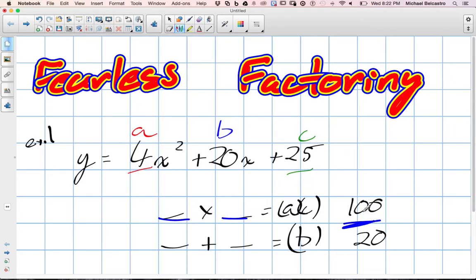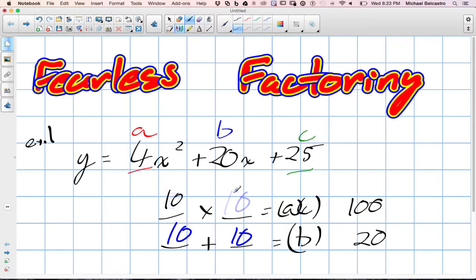We need two numbers that multiply to 100 and add to 20. 2 and 50 multiply to 100, but they don't add to 20, so that's not going to work. 4 and 25 multiply to 100, but they do not add to 20, so not going to work. 5 and 20 don't work either. What else are we missing? Oh, there it is. 10 and 10. 10 times 10 and 10 plus 10 work out. So those are going to be our two terms.